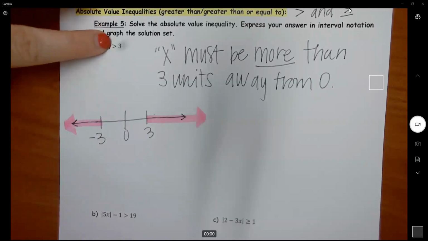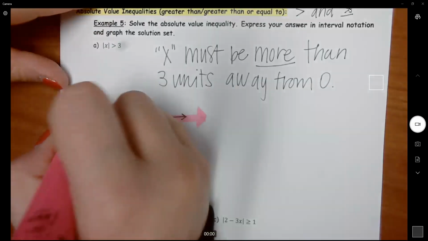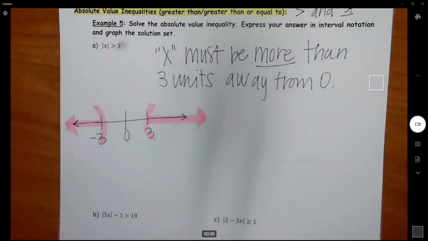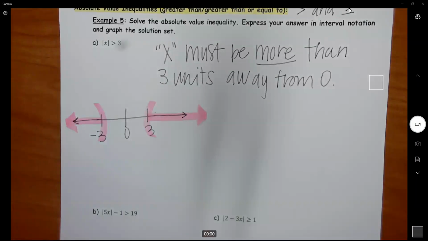And because I have greater than and not greater than or equal to, we get parentheses. For that to be a bracket, it would have to have that line under it, symbolizing or equal to.